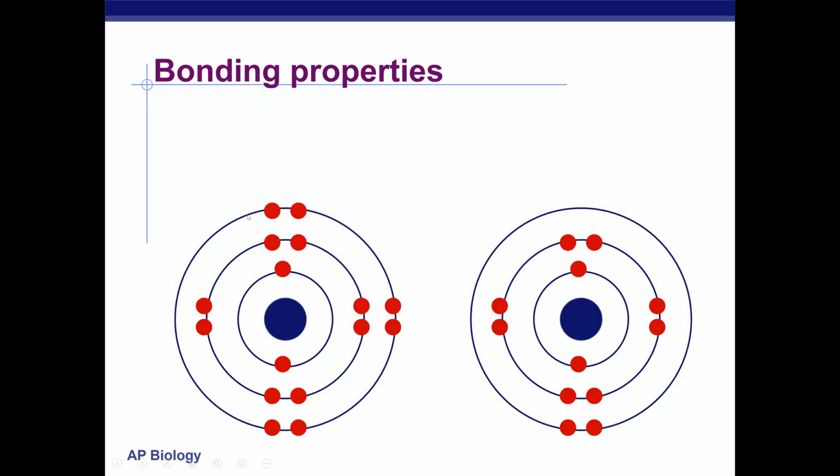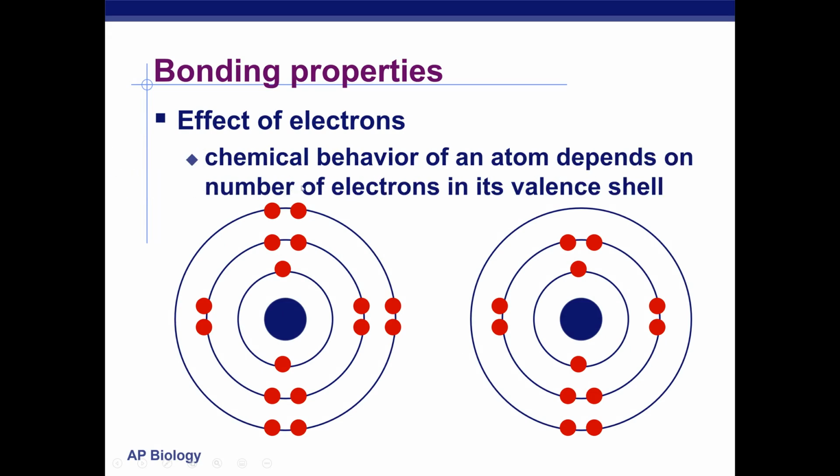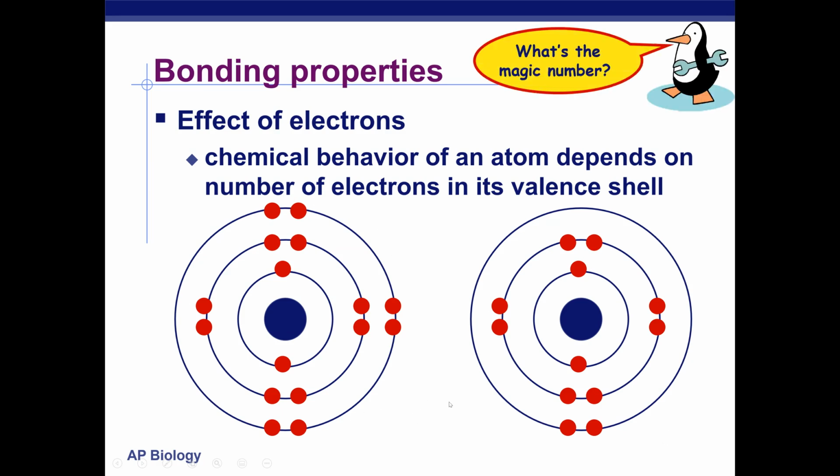But what happens if I have 6 valence electrons, and here I have 2 valence electrons? Both of these atoms are very unstable. So we have to have some chemical behavior that's going to happen to get these electrons onto this atom. This will then have a full valence shell, although it's 1 down, and this will have a full valence shell.